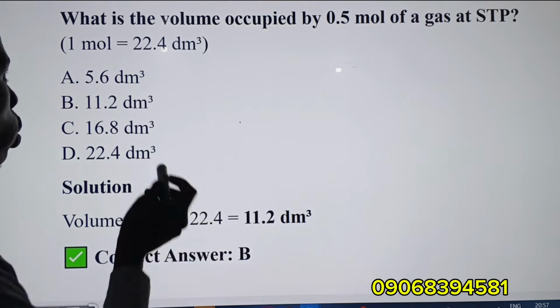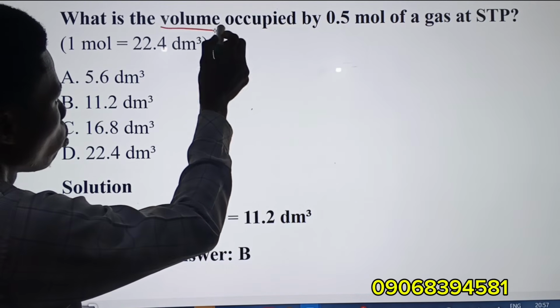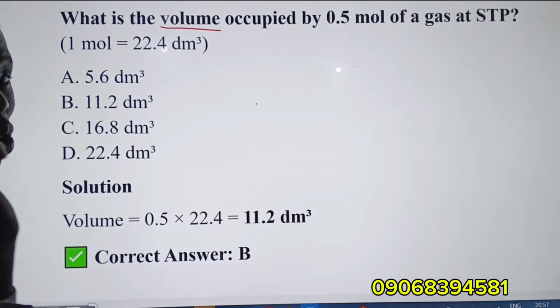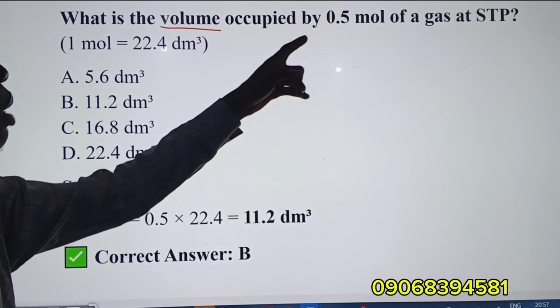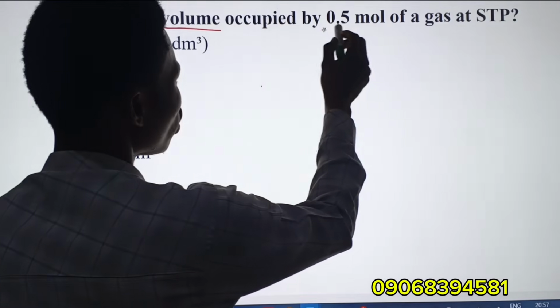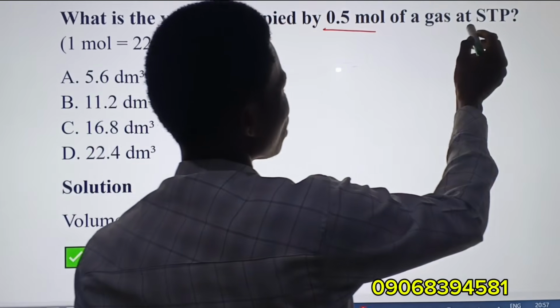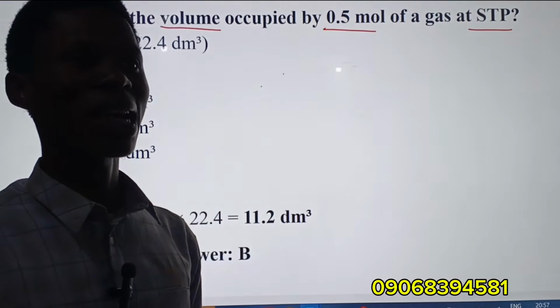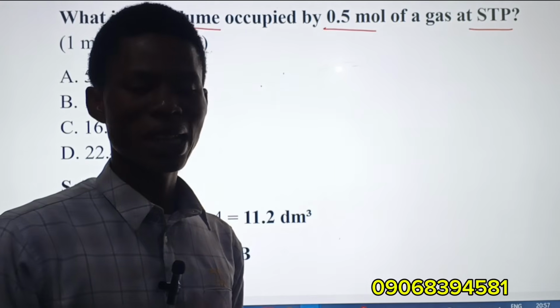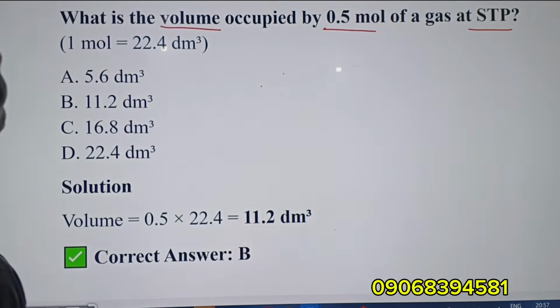That will open your eyes to what to solve. You're being asked to calculate volume, occupied by 0.5 mole of a gas at STP. STP means standard temperature and pressure.